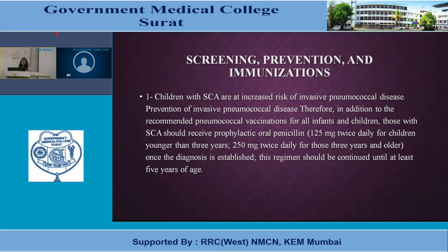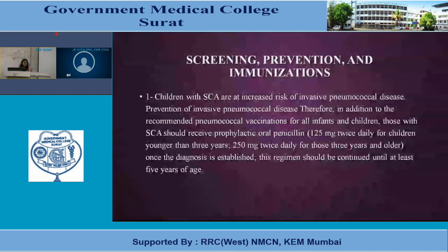Therefore, in addition to the recommended pneumococcal vaccination for all infants and children, those with sickle cell anemia should receive prophylactic oral penicillin 125 mg twice daily for children younger than 3 years, and 250 mg BD for those 3 years and older. Once the diagnosis is established, this regimen should be continued until at least 5 years of age.